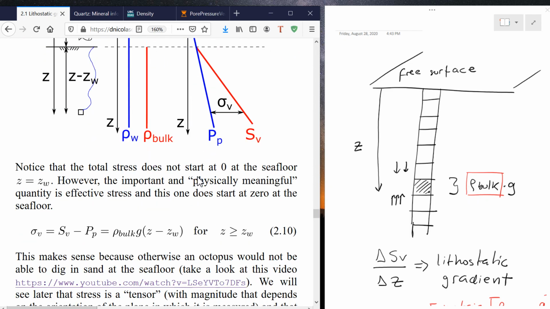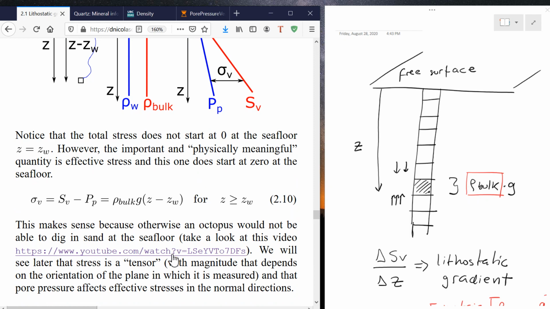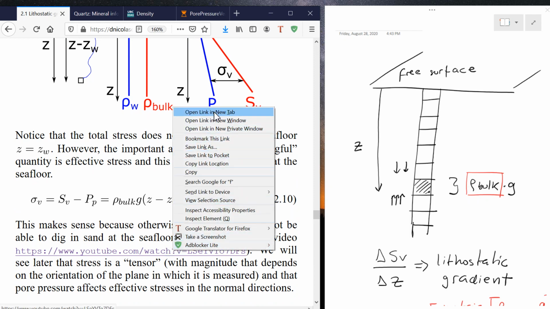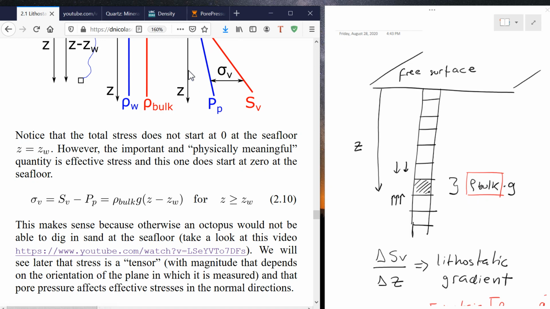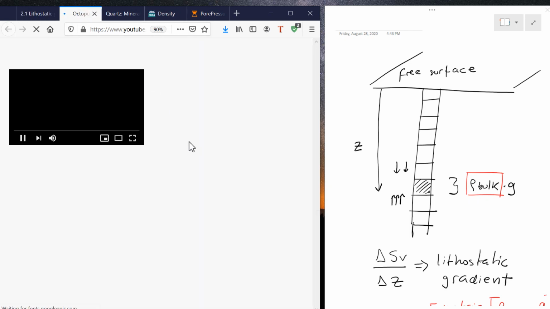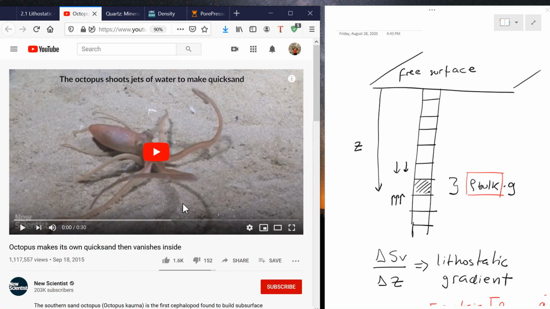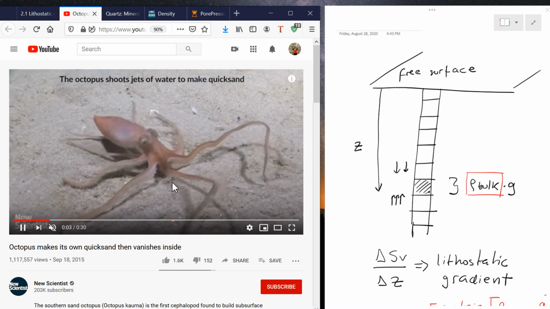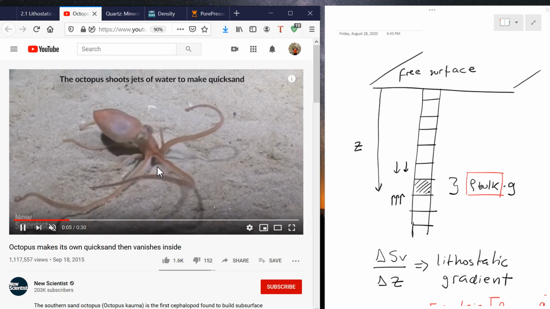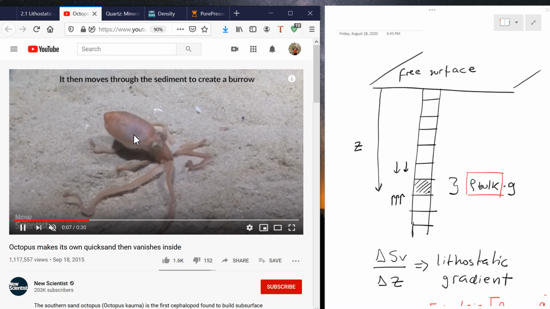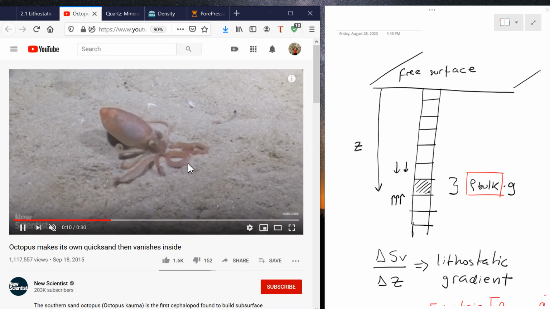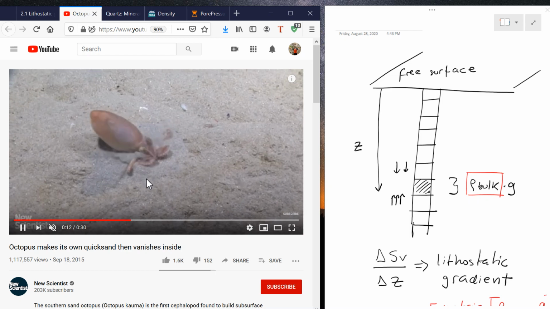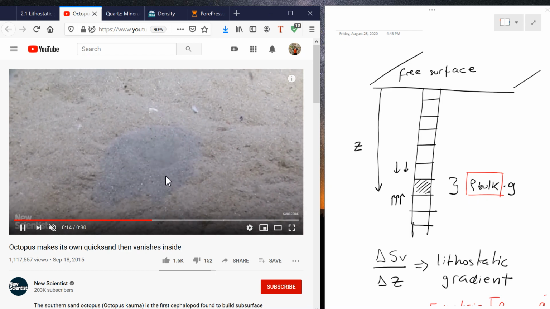So let's see a proof of what we were just saying before, and I have a video here to share with you. This is a video of an octopus at the bottom of a sea somewhere, and you see at some moment it starts to push water into the sand, and suddenly it's going to disappear.